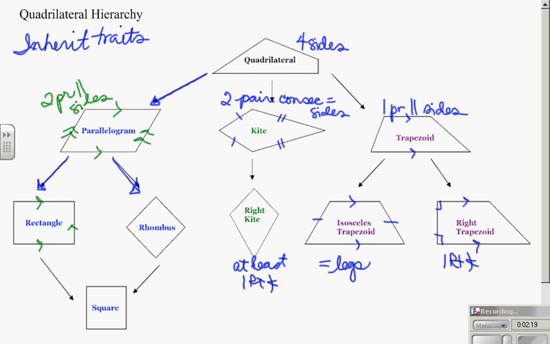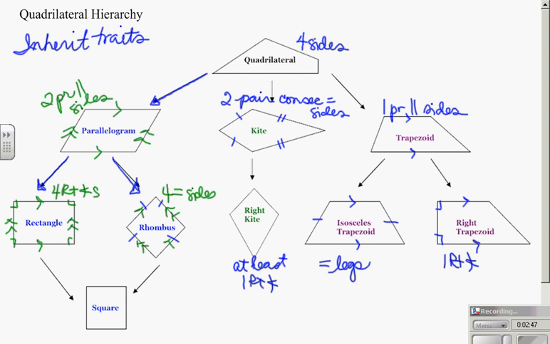So a rectangle has 2 pair parallel sides, plus it has 4 right angles. A rhombus is going to have 2 pair parallel sides, and it's going to have 4 equal sides because it is below that parallelogram. So it gets the qualities.